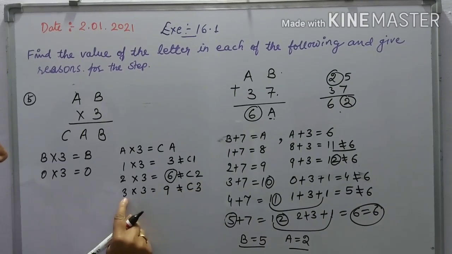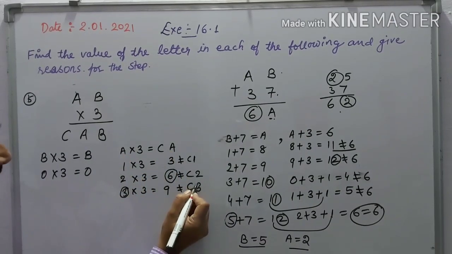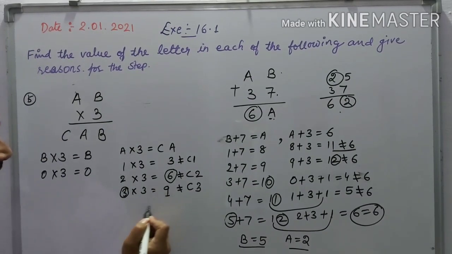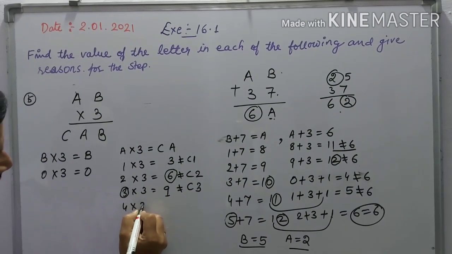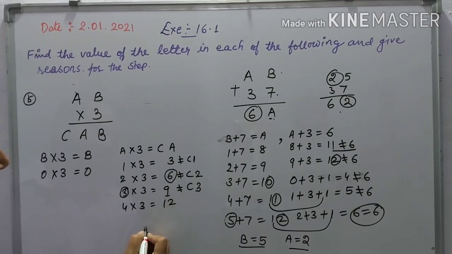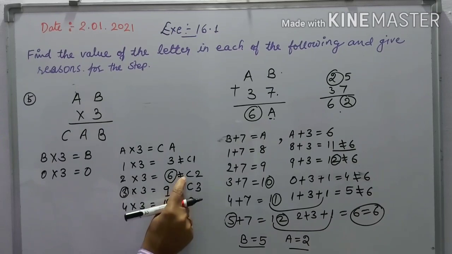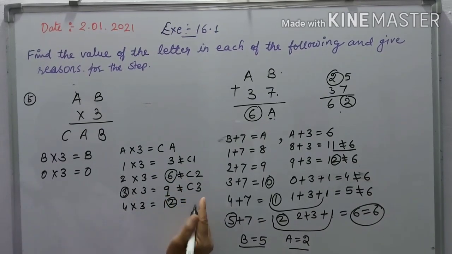The value of A, just that number and this number are the same, but here the answer is 9. Then 4 into 3 is equal to 12. Okay, but 2 is not equal to 3.